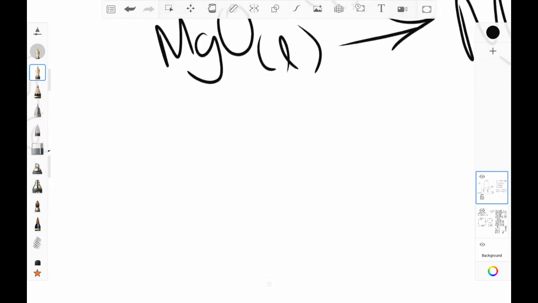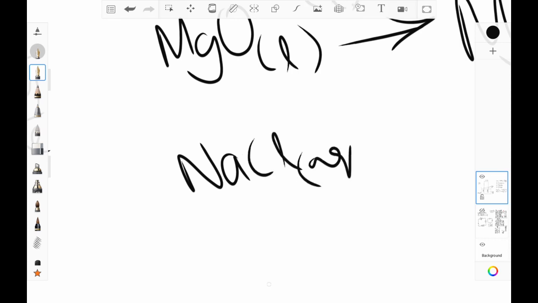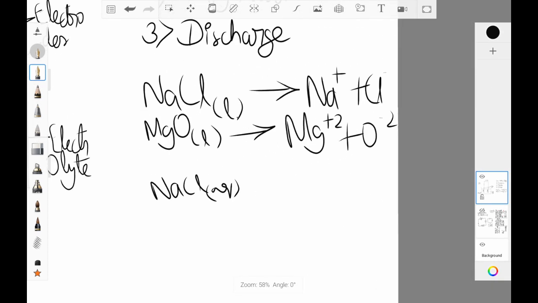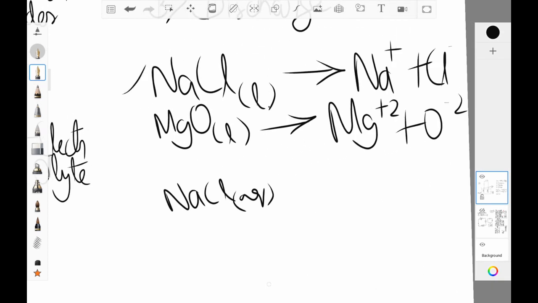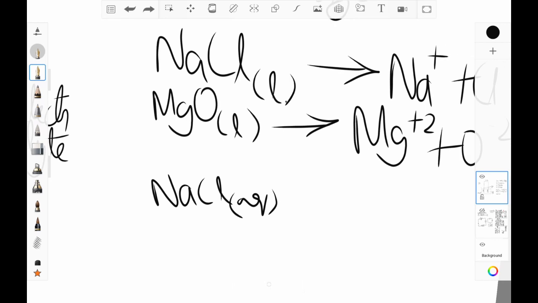If I were to ask you to figure out how aqueous sodium chloride decomposes, most of you would draw something similar to this. That would be wrong, because remember, a solution of sodium chloride is basically sodium chloride dissolved in water, and water is also going to take part in the decomposition because it's also composed of two different ions.